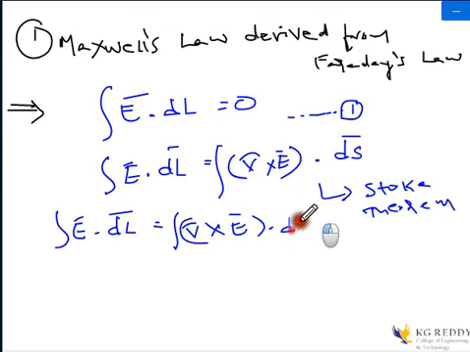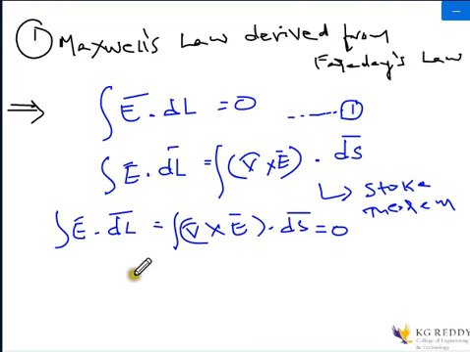Now I am equating it to 0. If you clearly observe, either ds can be 0 or curl of E bar can be 0, because this whole integral is becoming 0. But we can say that the surface area will never be equal to 0.